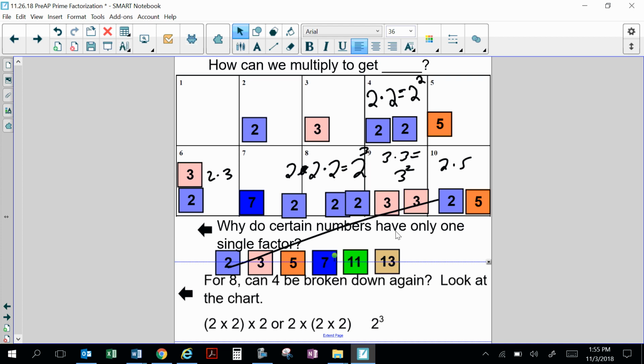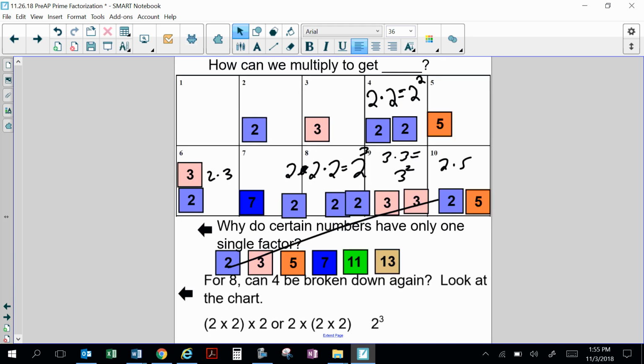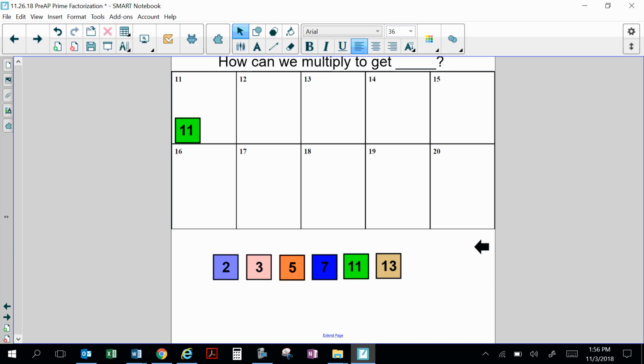All right, let's continue on finding our factors of the following. 11. How can we multiply to get 11? Just 11 times 1. So I'm going to move it right here. 12. How can we multiply to get 12? 6 times 2 or 4 times 3. If you're going to choose 6 times 2, let's go back to our previous screen. 6 is made up of 2 and 3, so let's make sure we use that.